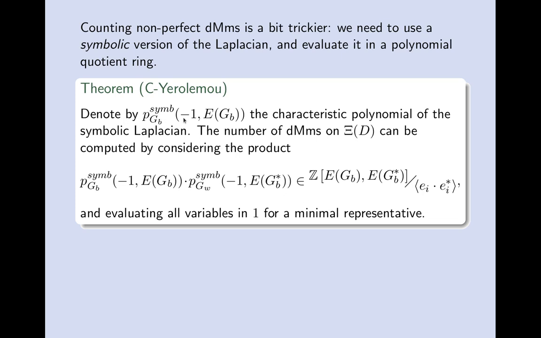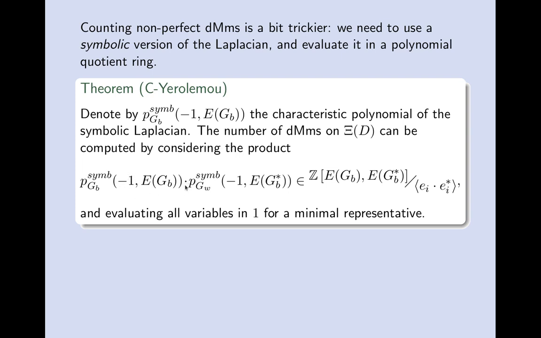So we can also consider the characteristic polynomial of the symbolic Laplacian, which we'll denote by this, when we evaluate the variable of the polynomial at -1. And then we can obtain the number of discrete Morse matchings on xi of D by considering this product. So we take the characteristic polynomial of the symbolic Laplacian evaluated at -1.